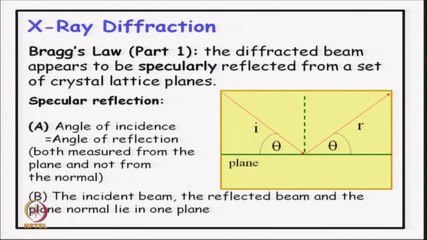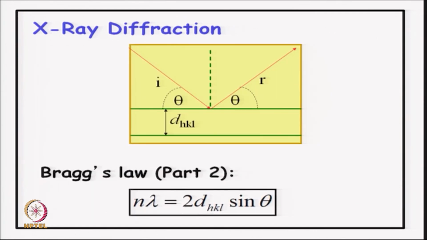Now, let us look at the second part, the mathematical or numerical part. Because it is mathematical in nature, usually this is what is quoted as Bragg's law, and the first part is forgotten.